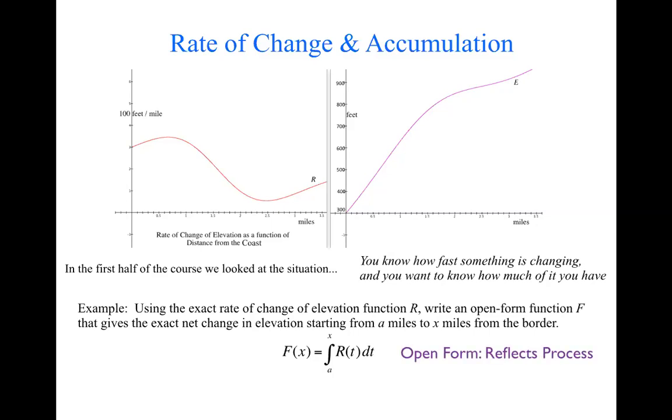So this open form with the integral reflects the whole process that we go through of summing up, but in this integral form as opposed to the sigma summation form.